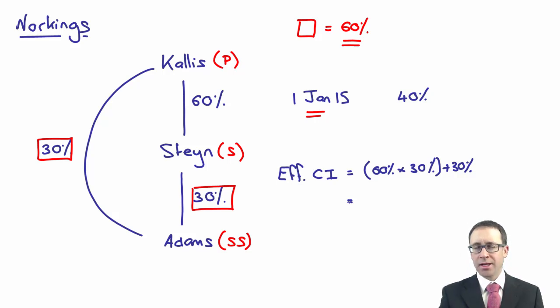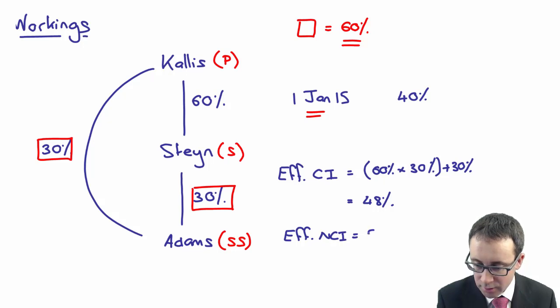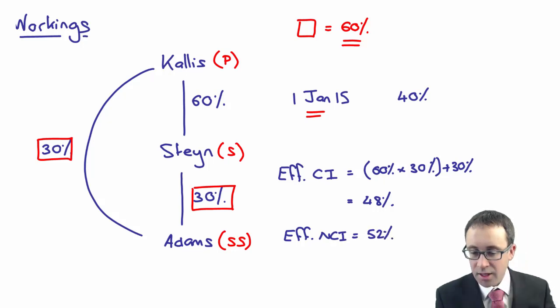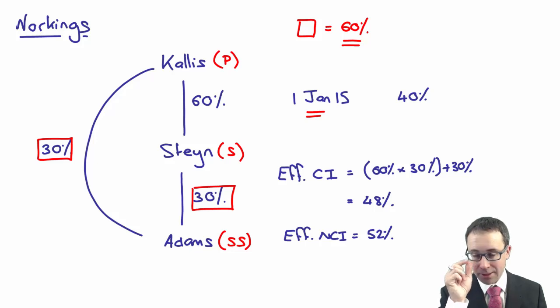Okay, 60 times 30, 6 is 18, so is that 18%? Plus 30 gives me the 48%. So therefore the effective non-controlling interest is there as 52, isn't it? Okay, shall we just double check to make sure that everything is okay before we proceed? Yeah, 48%, and 52.